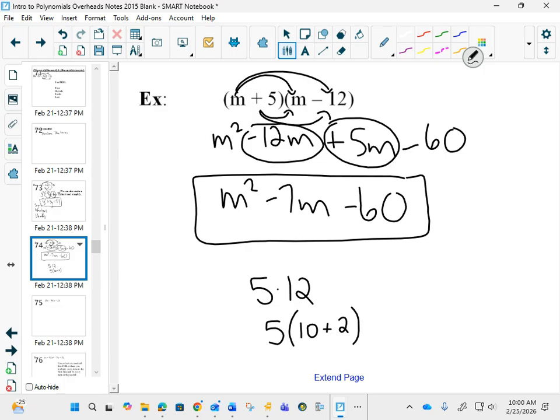And what's 5 times 2? He was doing, well, 12 is 10 plus 2, and if I distribute, that's easier math. 5 times 10 is 50. 5 times 2 is 10. Are those like terms? Absolutely.